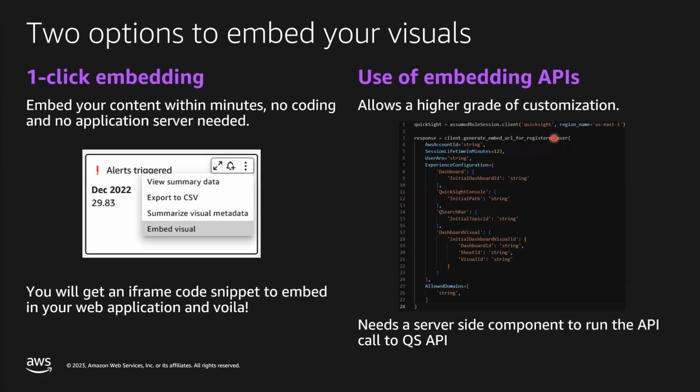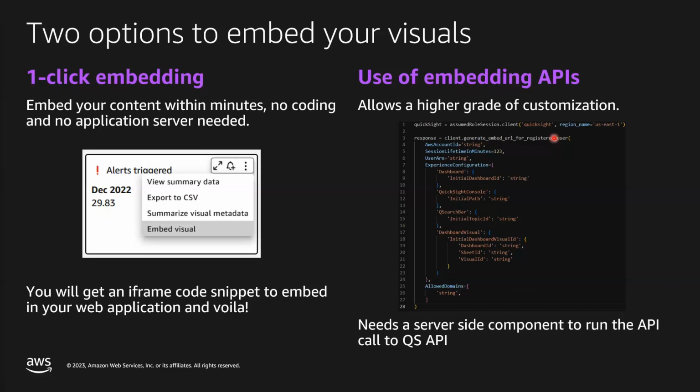So, for example, with the new APIs that we have released recently, you can do async calls in order to embed your visuals. You can customize the loading animation while the visual is loading. You can keep the persistence of the different filters that the user has selected in the visual. You can also respond from your embedding application to the user interaction in the visuals and the other way around.